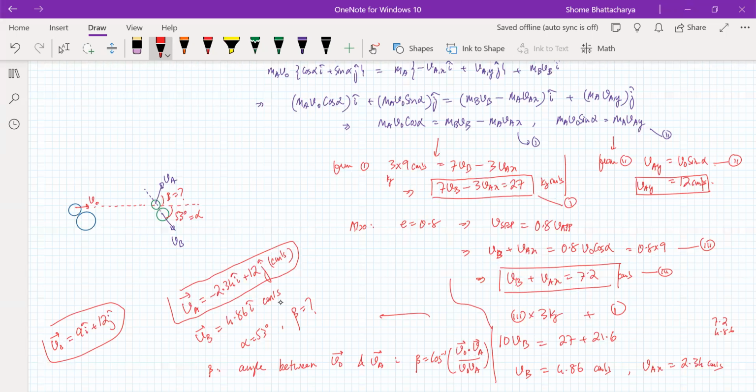With the formula and all that. But yes, this is one of the more tricky parts of mechanics actually. Two-dimensional collisions or oblique collisions is one of the more tricky parts of the mechanics syllabus for 11th.